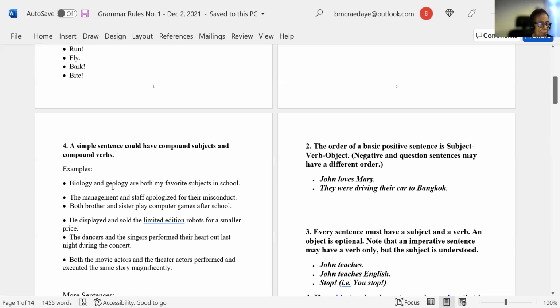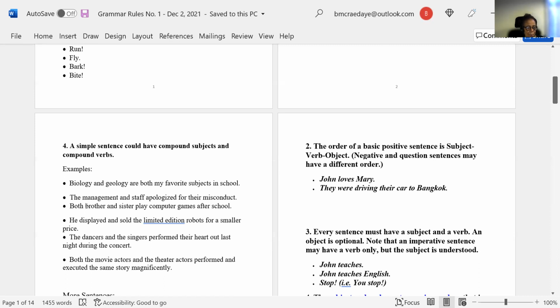So that's the compound verb, the compound subjects. The next example: The management and staff apologized for their misconduct. Compound subject, management, staff, two things. The compound verb, apologized for their, refers to management and staff.